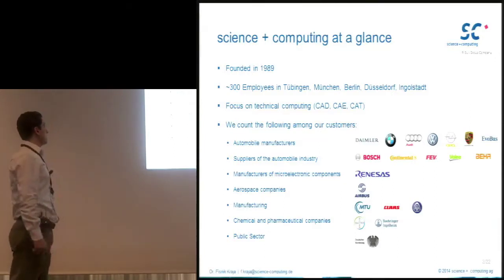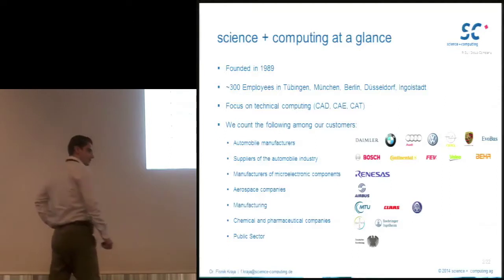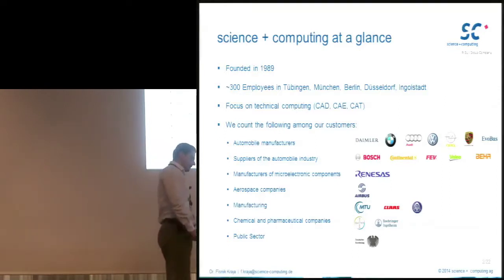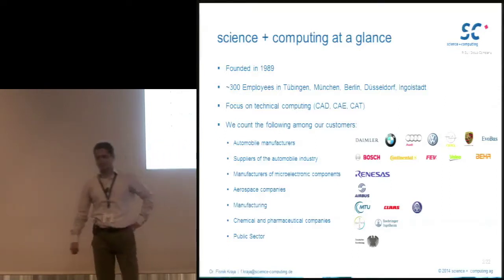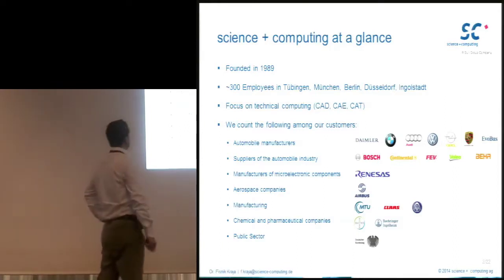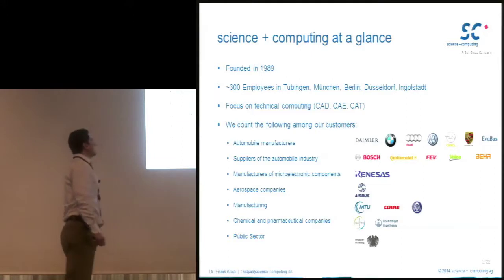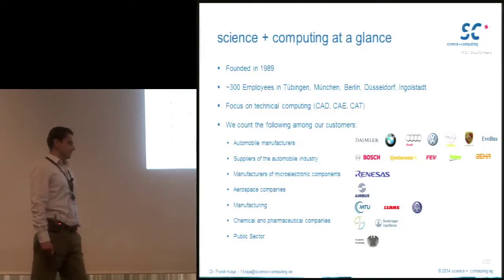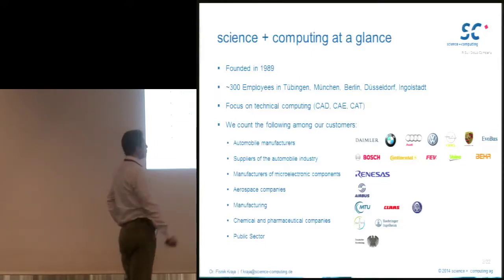Science and Computing was founded in 1989 by some members of the faculty of the University of Tübingen, and since 2008 it's a Bull Group company.